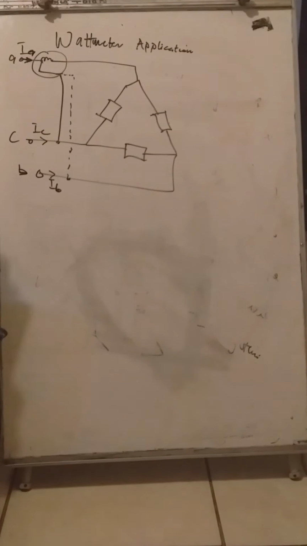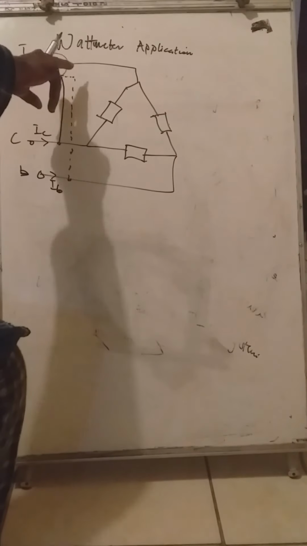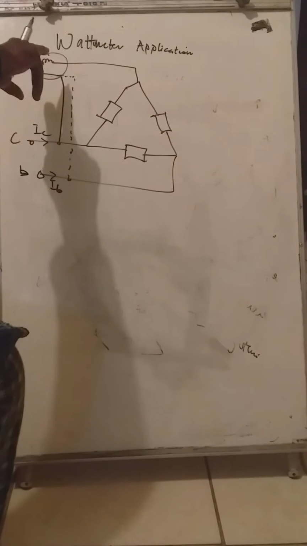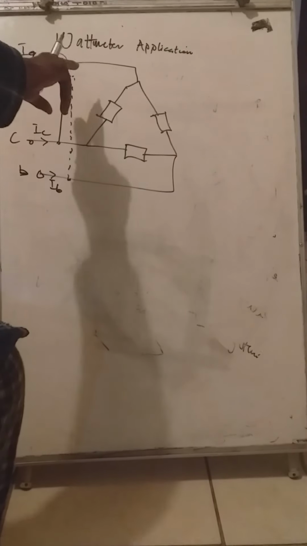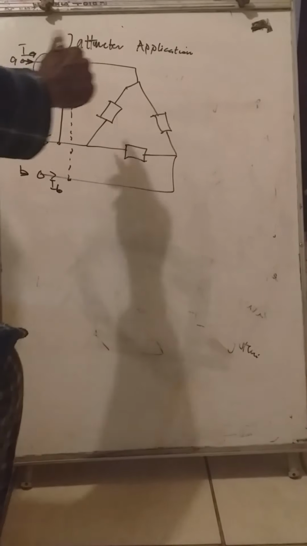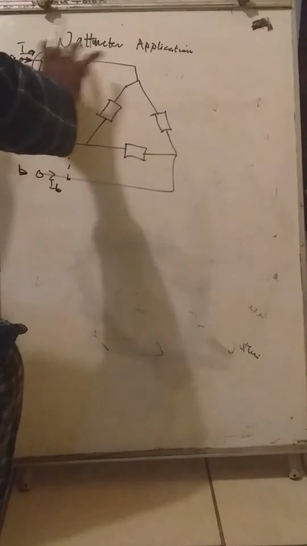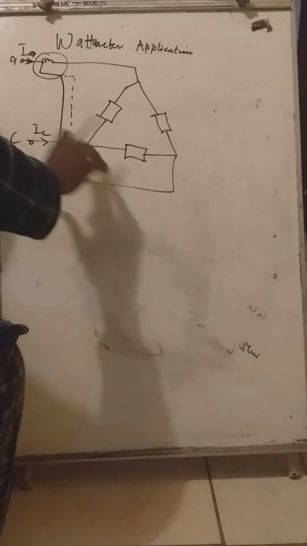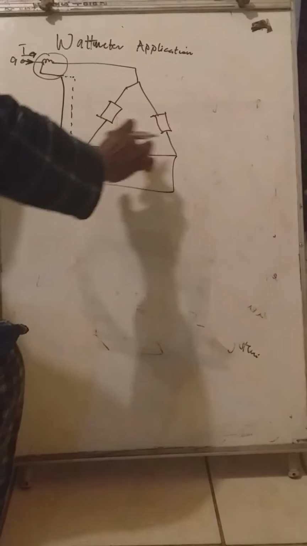Right. Now, the current IA in this instance is flowing through the wattmeter. These are the lines into the load, but these are the phases of the load.